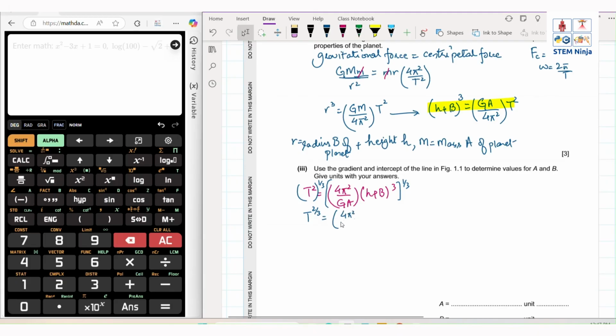This part, the cube root of 4 pi squared over GA, multiplies (h plus B), since the cube root cancels out the power of 3. You can study the indices laws from maths.